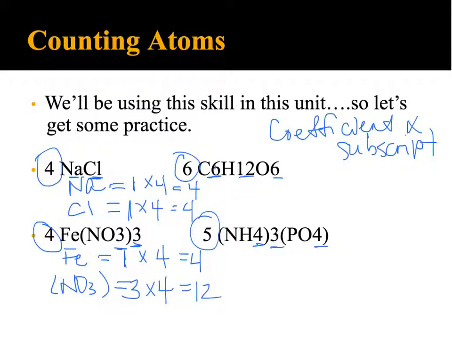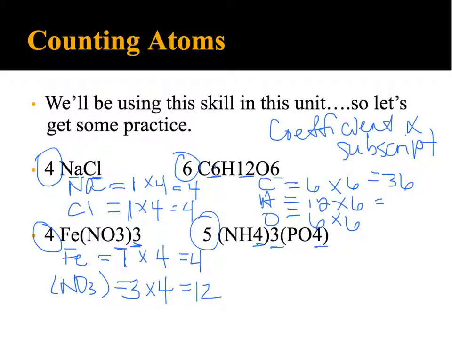For this compound, I'm going to do the same thing. What's in it? Carbon, hydrogen, and oxygen. I'm going to write down the subscript, and I'm going to multiply it by the coefficient. So 36, 36, and 72.